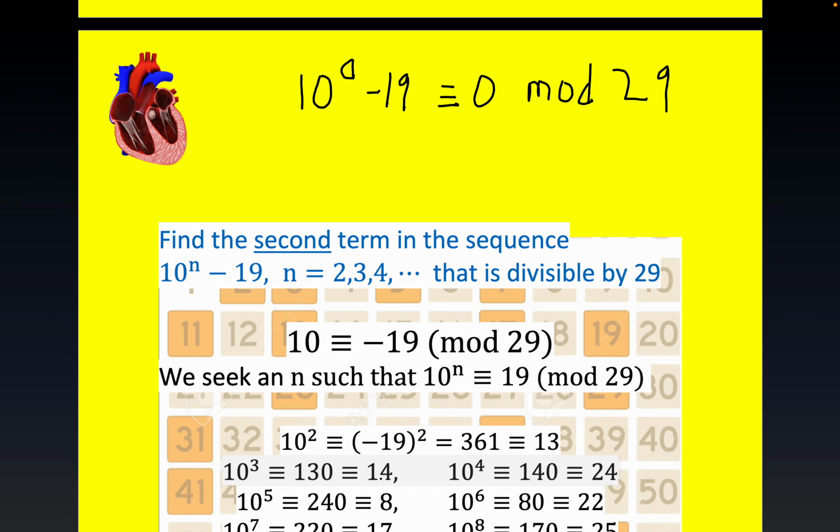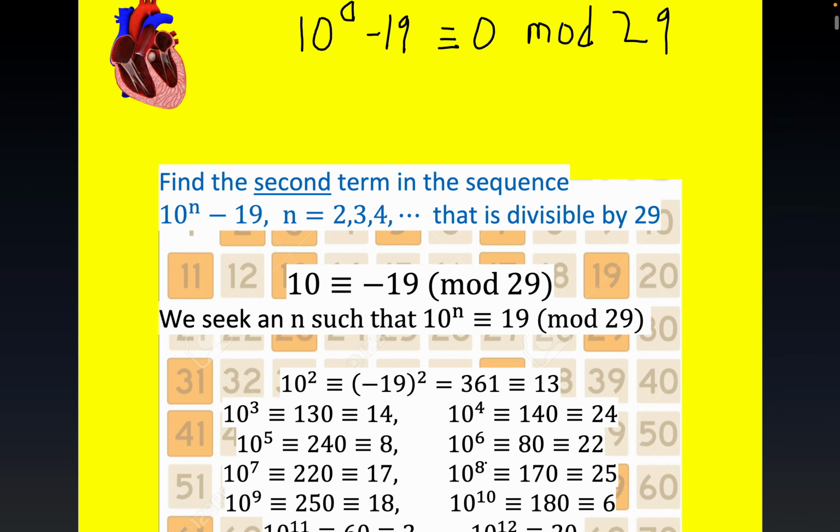So you see, what we need right here is, just like I said a moment ago, we need 10 to the A to be congruent to 19 in modular arithmetic. Okay, so we're looking for a 19 to appear right here, right, folks? Looking for a 19 to appear. So again, carrying on with all this, you just go on and on and on.